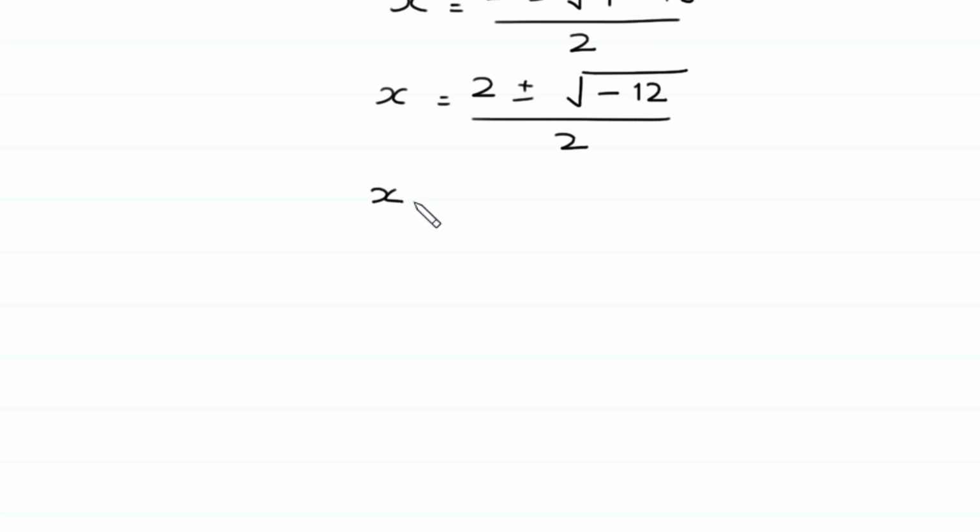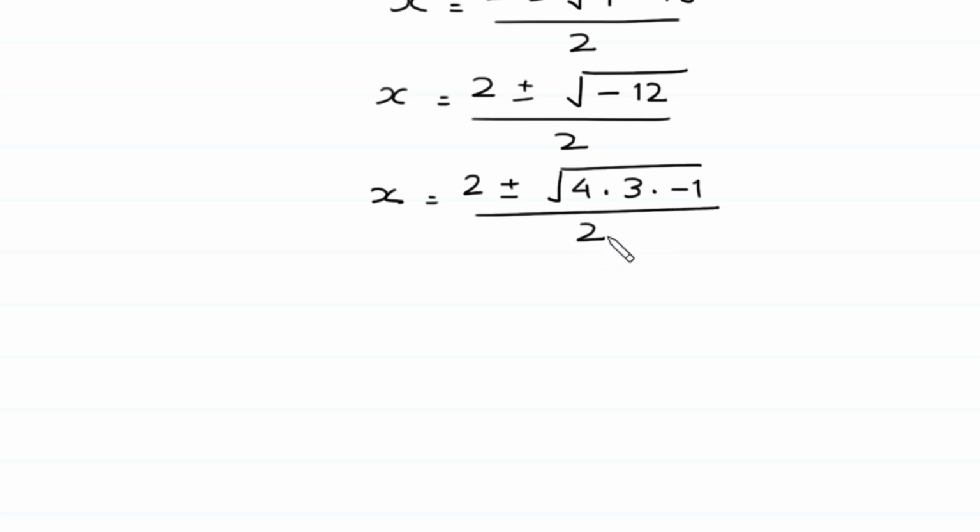Next, x is equal to 2 plus or minus the square root of, we can write this -12 as 4 times 3 times -1, divided by 2.